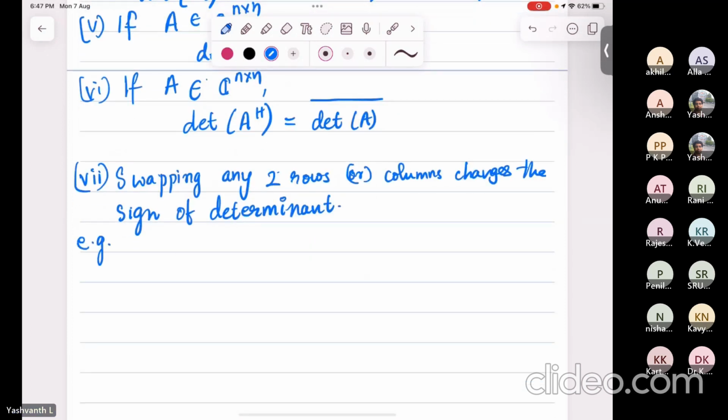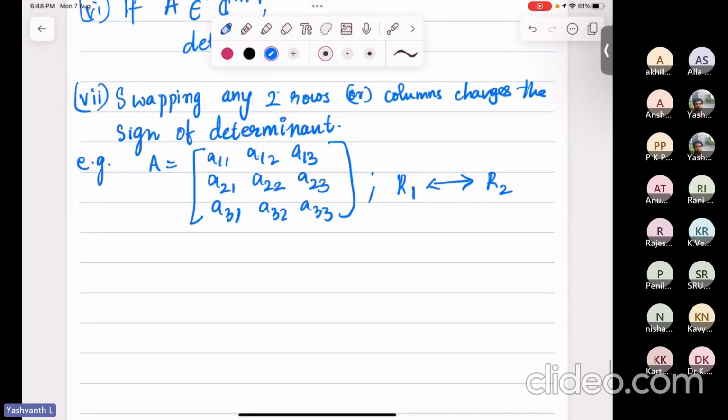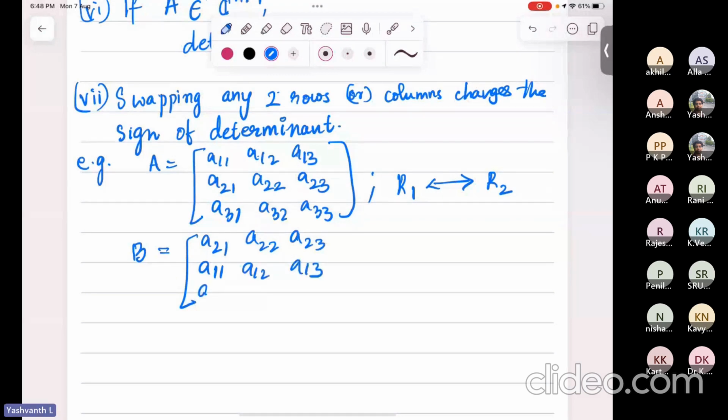Okay. Example. What I'm saying is, if A is equal to the matrix with first row A11, A12, A13, second row A21, A22, A23, and third row A31, A32, and A33, and what I do is I interchange R1 and R2, the first row and second row, to get the matrix B, with rows A21, A22, A23, then A11, A12, A13, then A31, A32, A33.